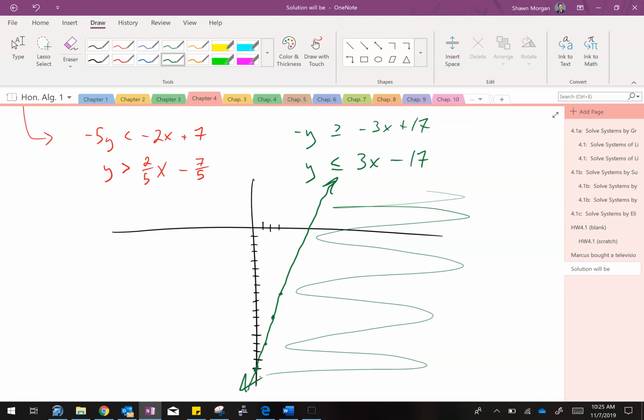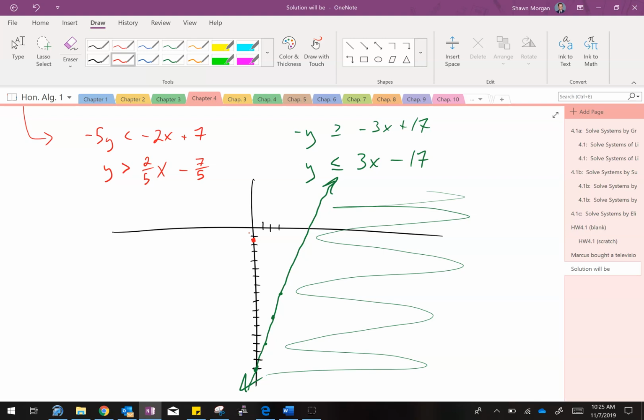Let's graph the red line. Now, it's got a y-intercept of what? Negative 7/5. That's going to be negative 1 2/5, or negative 1.4. This is a ballpark figure, so we can just graph negative 1.4 thereabouts right there. And as Cole or Braden told us a minute ago, the slope is 2/5.